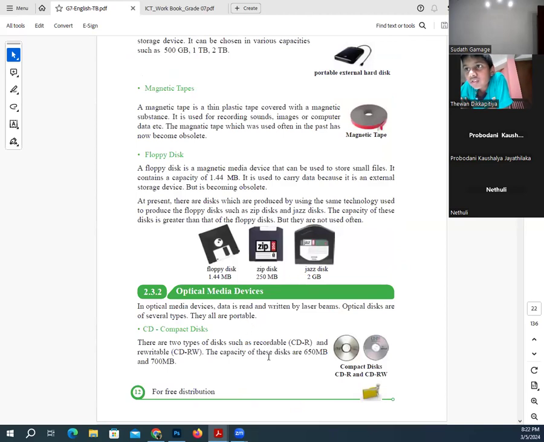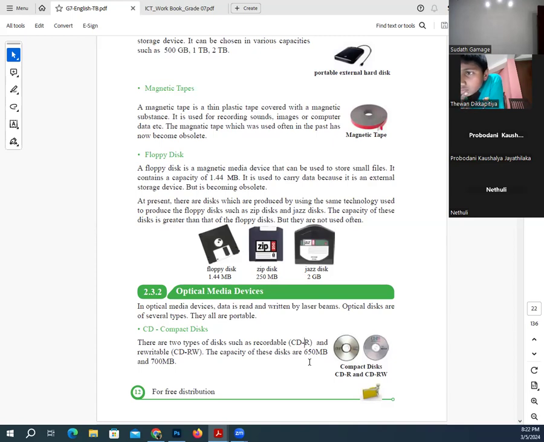Right, then, do you know the meaning of CDR? What's the meaning of CDR? CDR means that the CD is recordable, right?